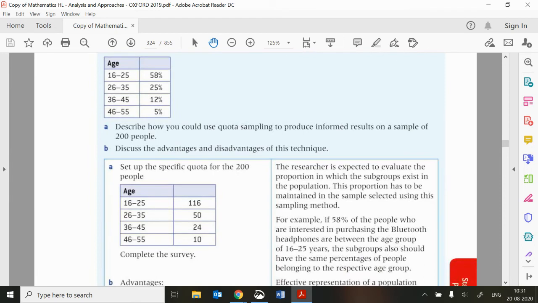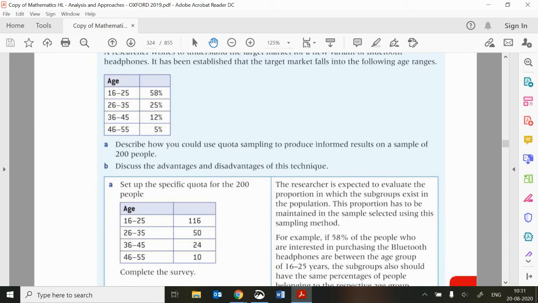Okay, now discuss the advantages and disadvantages of this technique. Well, I suppose the advantages are that the age categories are accurately represented in our sample, and especially if we consider that each of our age categories has possibly something different to say, or some different information to provide, then we really need to take into account those different sections into our whole strategy, our marketing strategy, if you like.